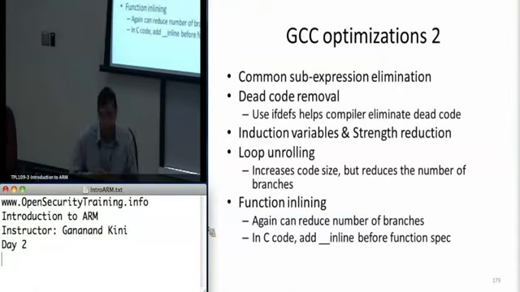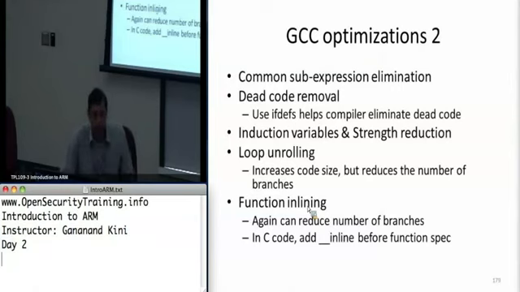Generally, strength reduction means that instead of incrementing or decrementing by multiplying, you use a weaker function like addition. Additions can be a little bit more optimal than multiplication, for example. It takes fewer cycles.